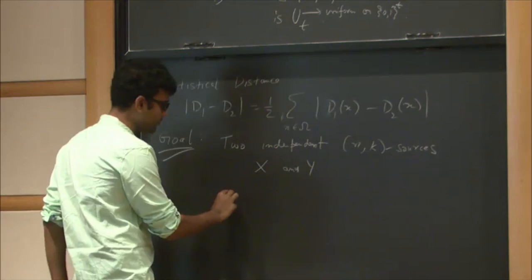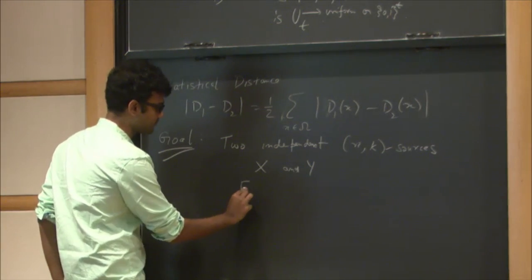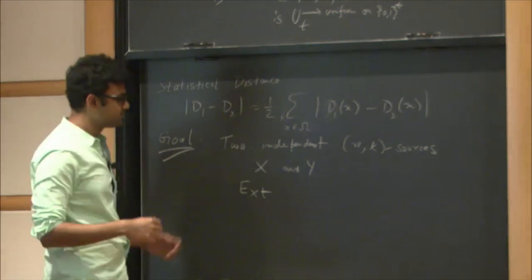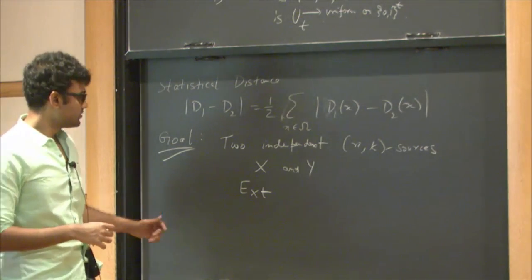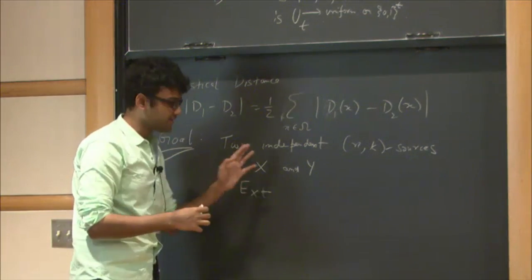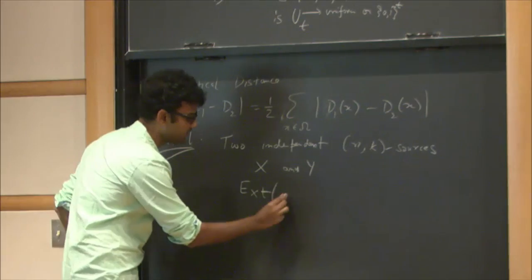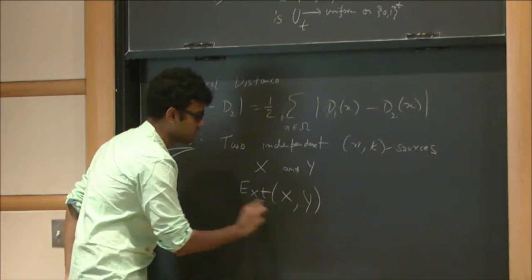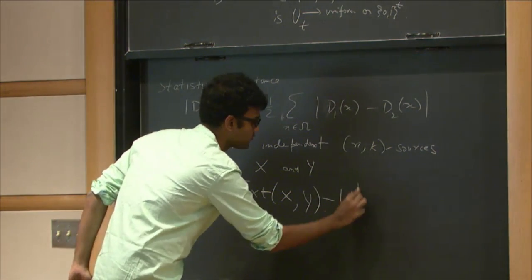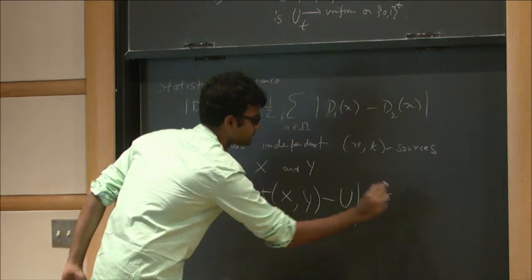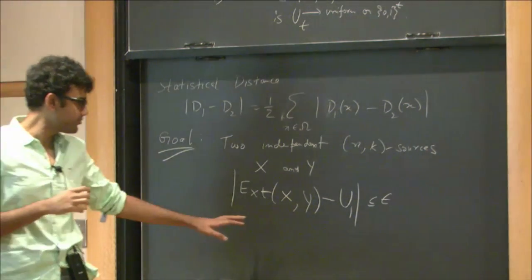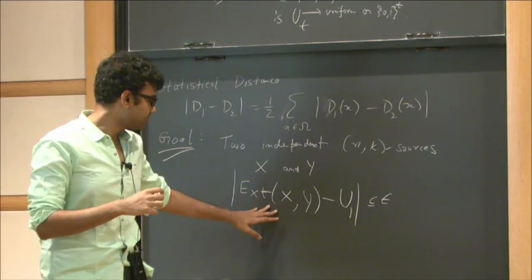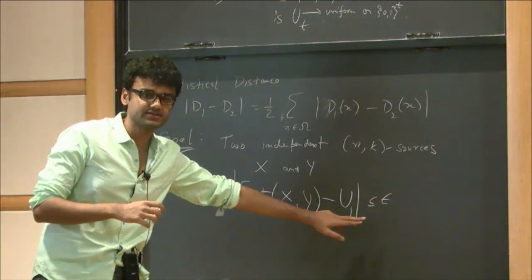And the goal is to come up with a function ext such that, for any source x and any source y which are independent, the statistical distance between the output of the extractor and the uniform bit is epsilon.